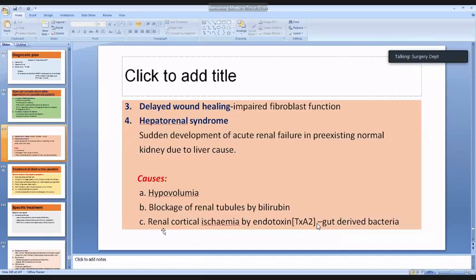So due to all these factors, there is possibility of development of acute renal failure, and this can be prevented by providing adequate hydration, by reducing bacterial count, by improving nutrition, all these things.